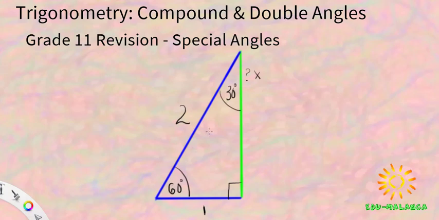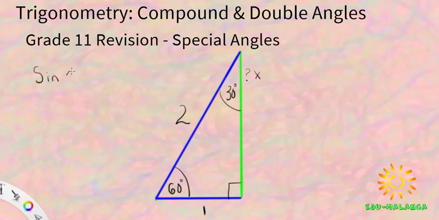Let's use one of the angles to solve. We'll choose 60 degrees. We're solving for x, so from SOHCAHTOA we know that the sine of an angle is the opposite length over the hypotenuse. Cool, so we're going to use sine 60, yes.